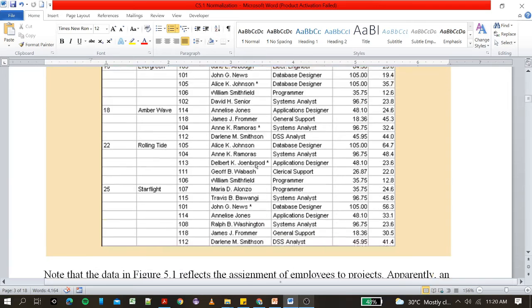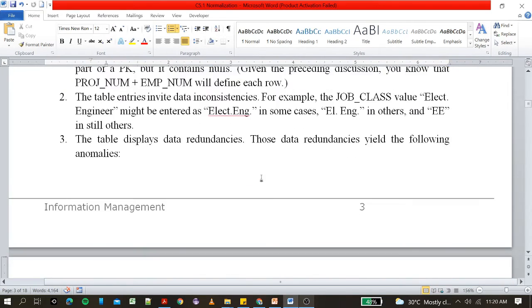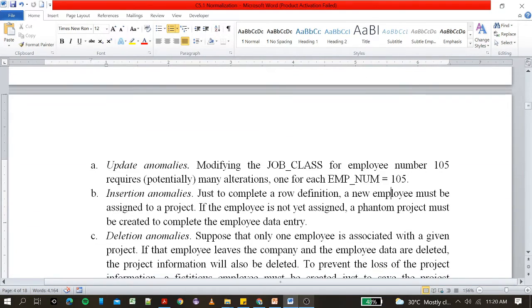At kung i-update yung kanyang job classification, dalawang beses natin siyang gagawin. So, di ba, may rule tayo na dapat ang isang particular data sa isang table sa database ay nakastore lang sa iisang location. At one time lang siyang magkakaroon ng insertion, ng update, or ng deletion.